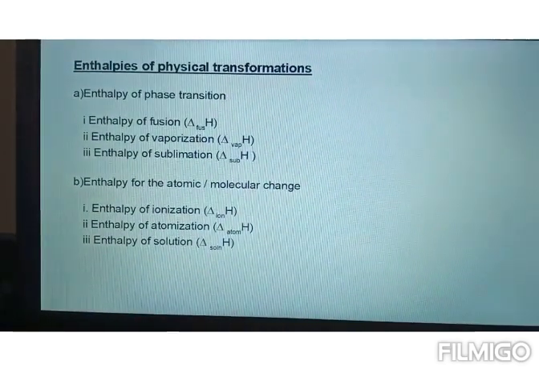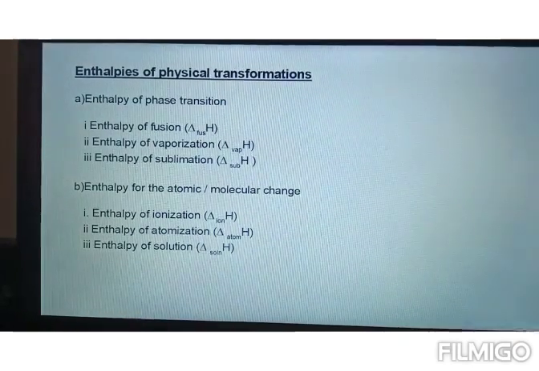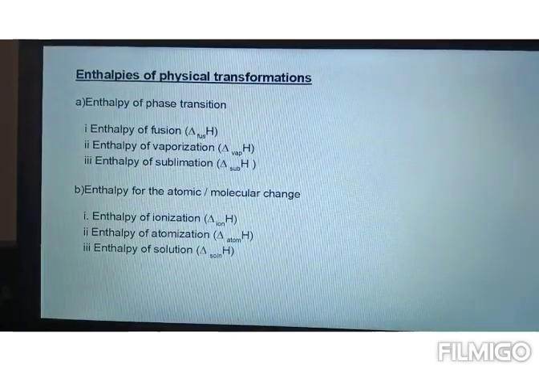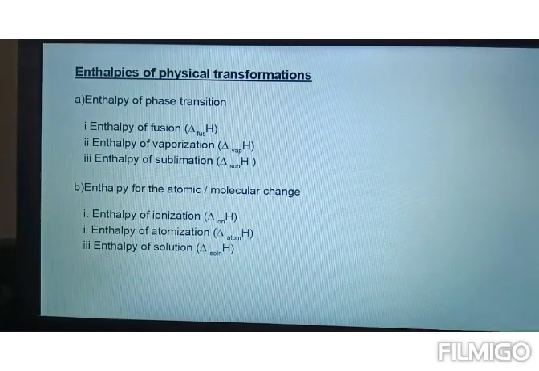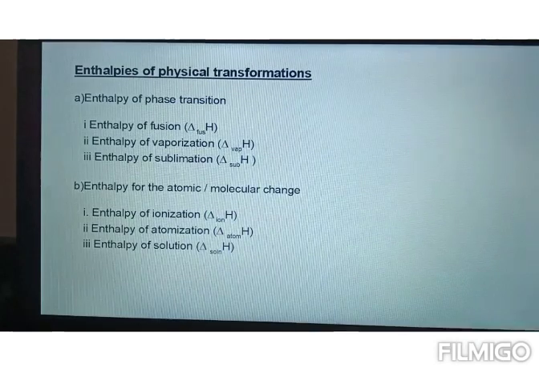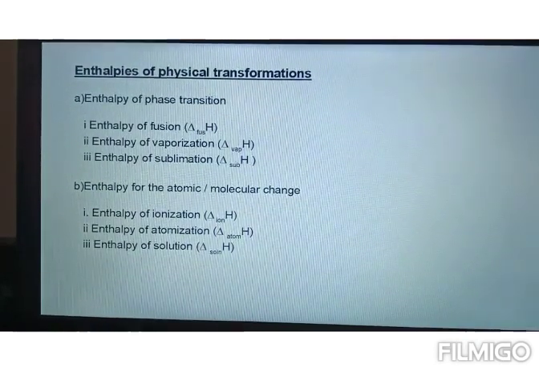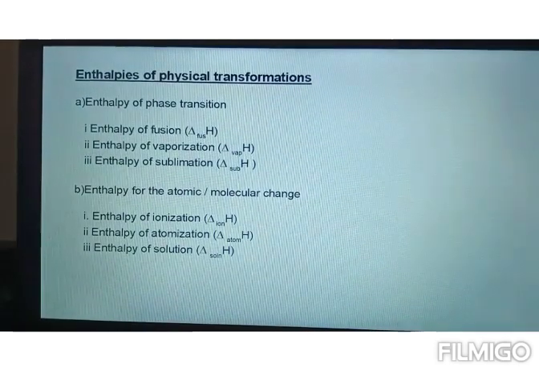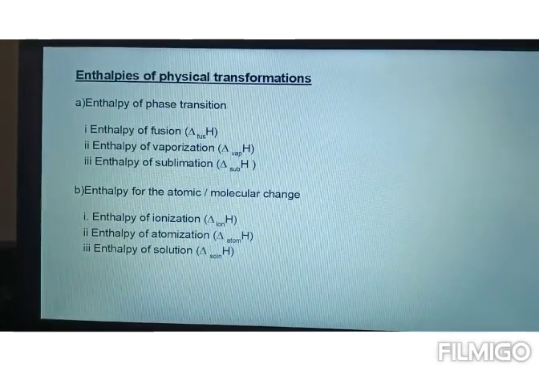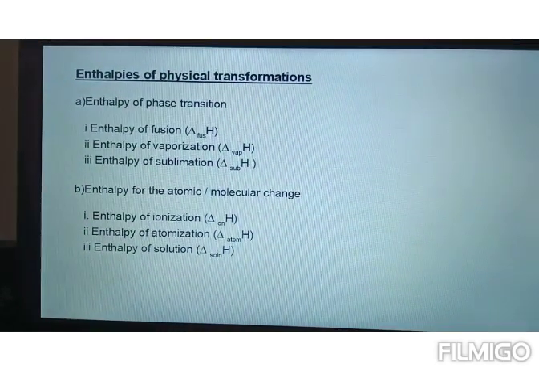Now we'll see enthalpies of physical transformations. We have two types of transformations in this chapter: first is enthalpy of phase transition and second is enthalpy for atomic or molecular change. Now phase transition, all of us know, students, is the conversion of solid state to liquid state, liquid to gaseous state.